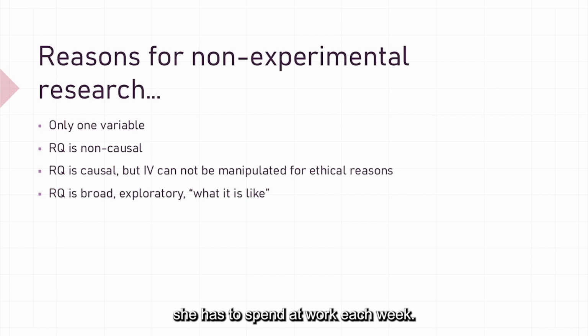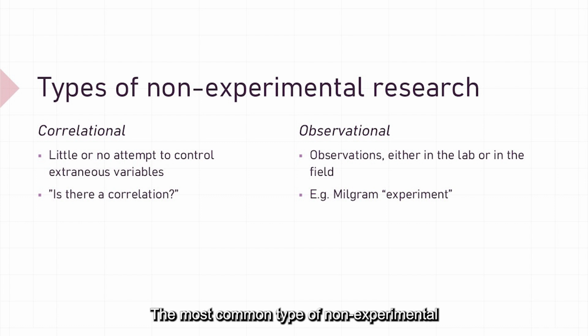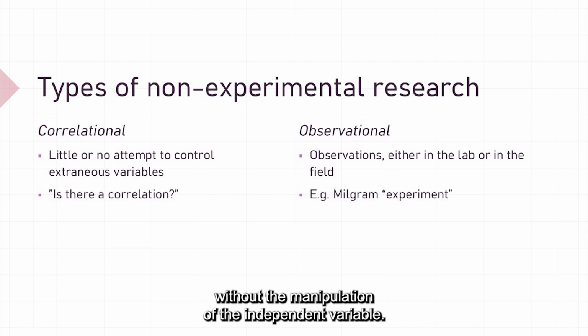Most non-experimental research falls into one of two broad categories: correlational research or observational research. The most common type of non-experimental research is correlational research. In this case, the researcher studies the relationship between two variables without manipulation of the independent variable.